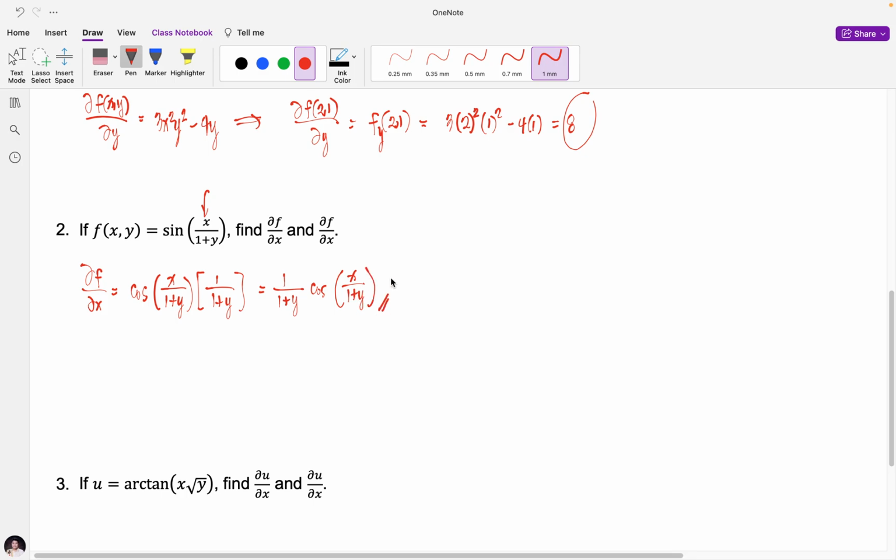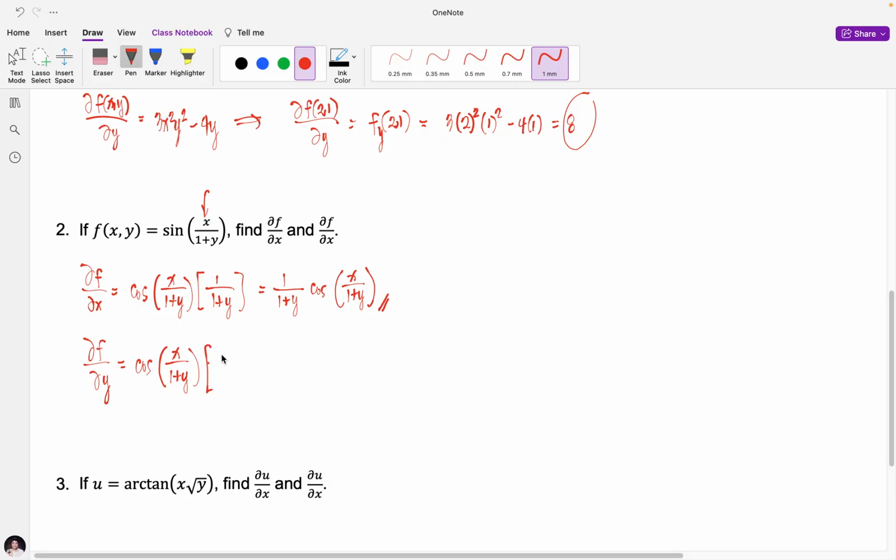And that's it. The same way, we have the partial of f with respect to y is equal to, again, the derivative of sine, which is cosine of x over 1 plus y. Derivative of the inside: since our variable y is in the denominator, we will use the quotient rule.